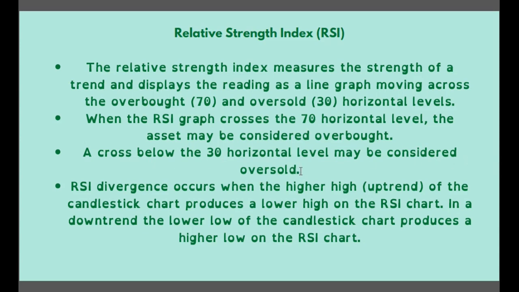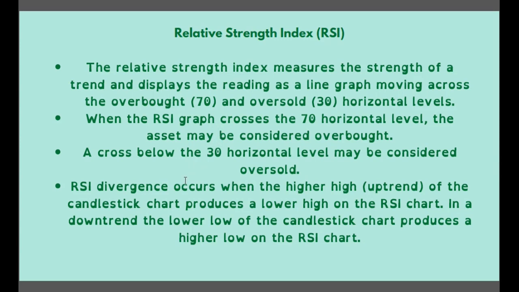A cross below the 30 horizontal level may be considered oversold. The RSI is composed of two levels: the 70 horizontal level and the 30 horizontal level.